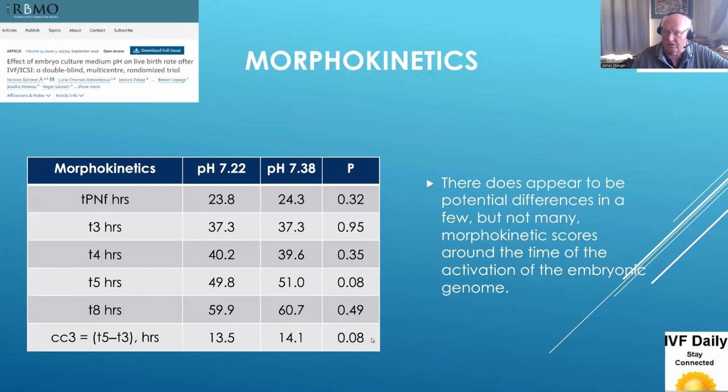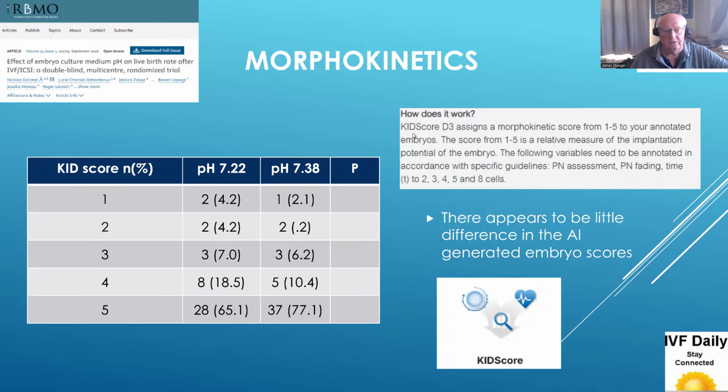It just means it's not significant. And if you double the sample size, it may in fact become 0.05. And so you would tend to think that there may be a trend here to suggest that at low pH, the embryos are dividing a little faster, even though overall they may not be as good a quality.